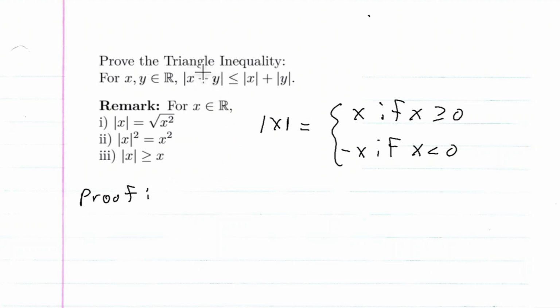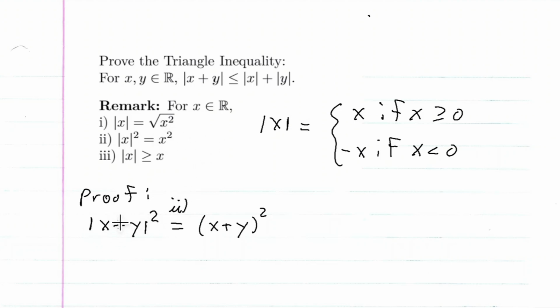So we're going to start with the absolute value of x plus y, but we're going to square it. The reason we do that is because the absolute value of x plus y squared, by number 2, is equal to x plus y squared. The absolute value of a number squared is equal to that number squared.